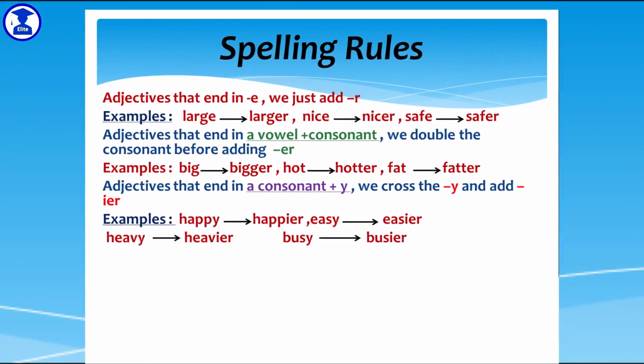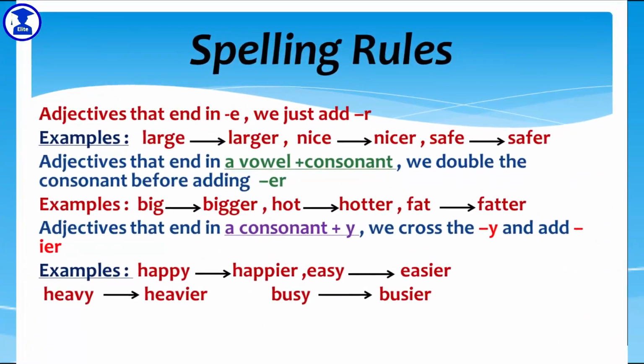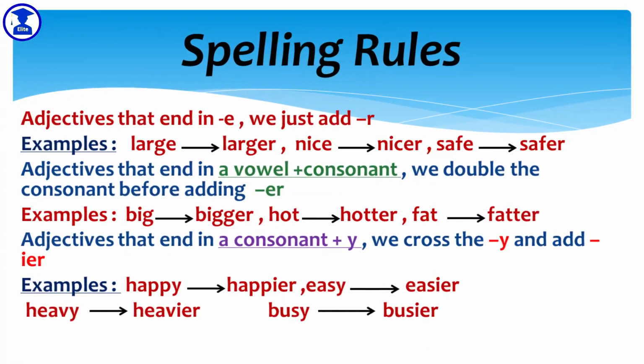Dears, here are some spelling rules. If your adjective ends with E, just add R, such as large, larger than, nice, nicer than, safe, safer than. If the adjective ends in a vowel plus consonant, we double the consonant before adding er, such as big, bigger than, hot, hotter than, fat, fatter than.